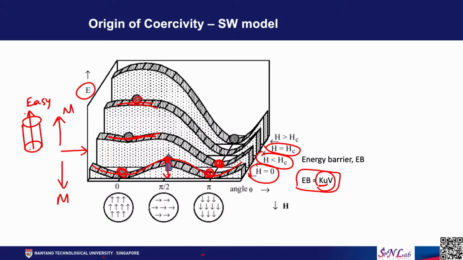Okay. So, the particle cannot exist here, it has to go to the energy minimum. So, this is where it switches from magnetization pointing up to pointing down. Okay. So, when the field is more than the coercivity, basically there is no energy minima, particle will switch. Okay. So, this is the concept of Stoner-Wohlforth reversal mechanism.